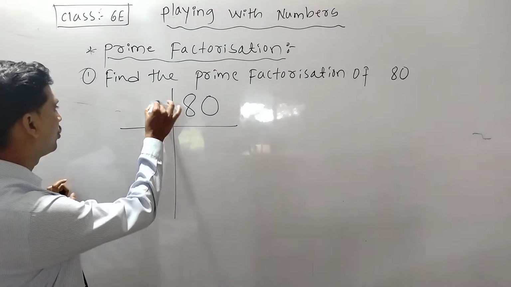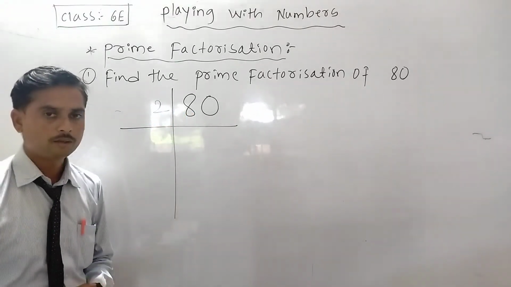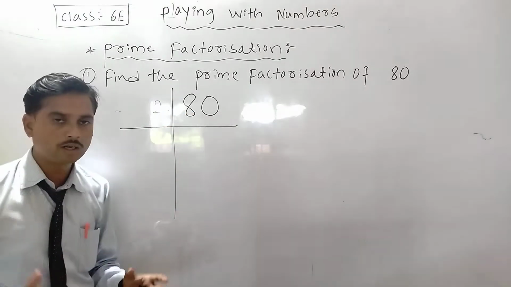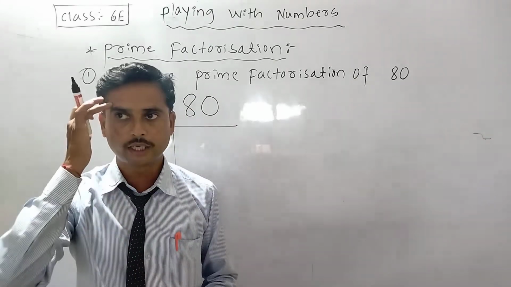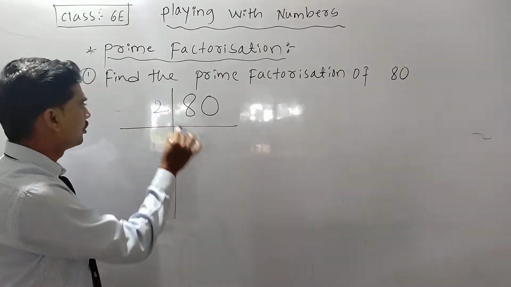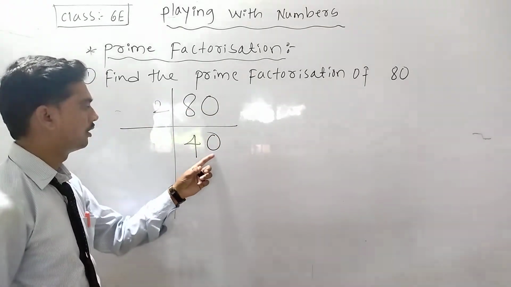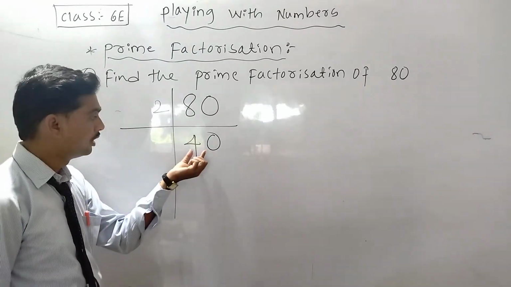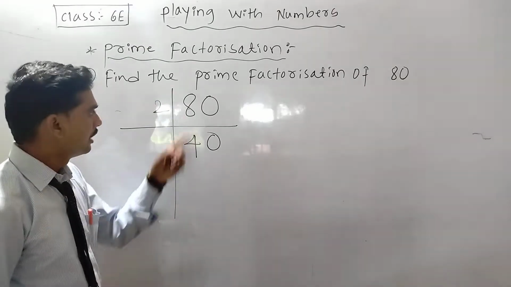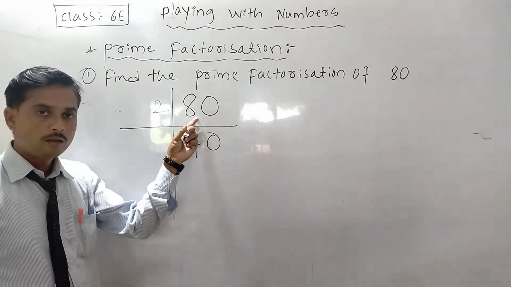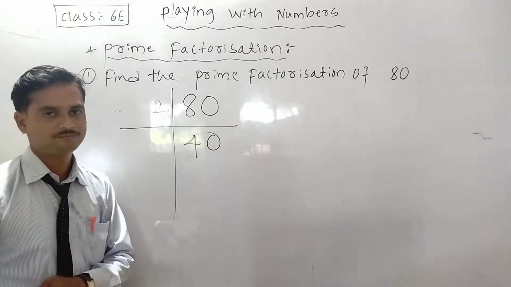Then you have to use here 2. You have to recall division problems. 2 4s are 8 and 0 directly, because 40 2s are 80. 80 is the product of 40 and 2.